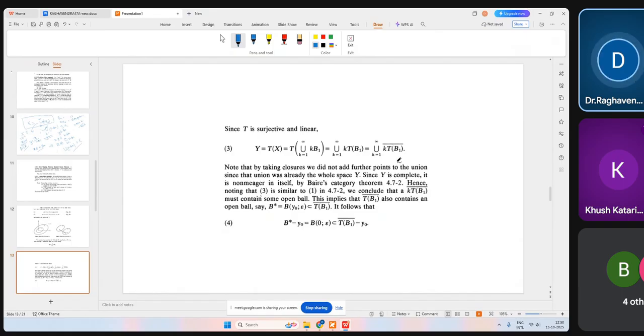So by the Baire category theorem that we have done earlier, we conclude that K times the closure of T B1, for some K, must contain an open ball. The interior is not empty, which means there is an open ball contained in Y, and therefore in some K times the closure of T B1.